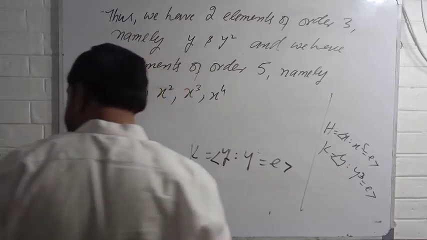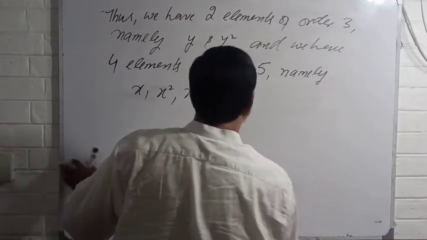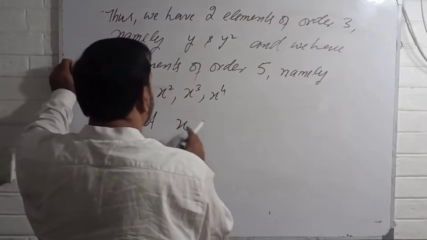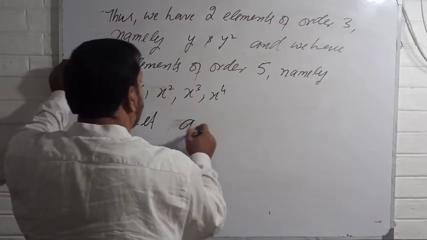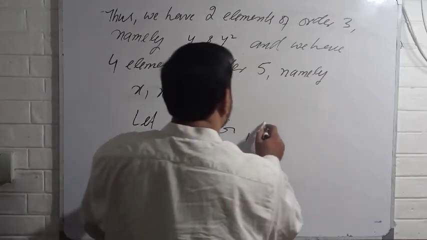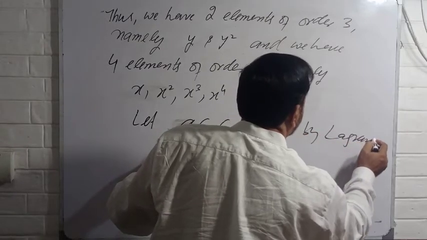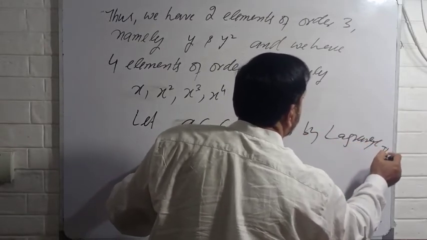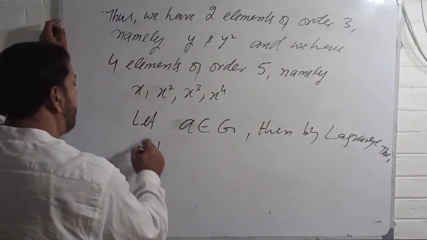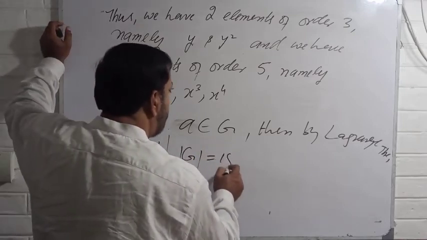So let A belong to G, then by Lagrange theorem, order of A divides order of G, which is equal to 15.